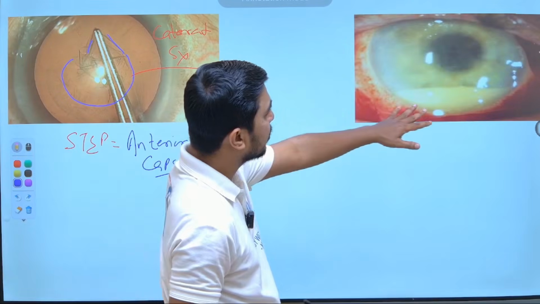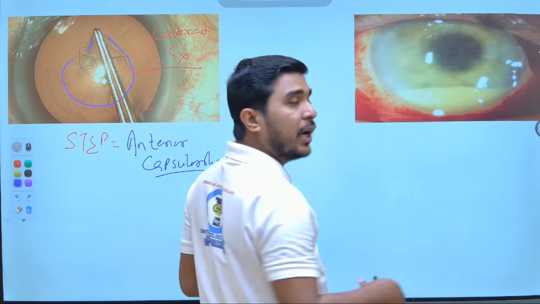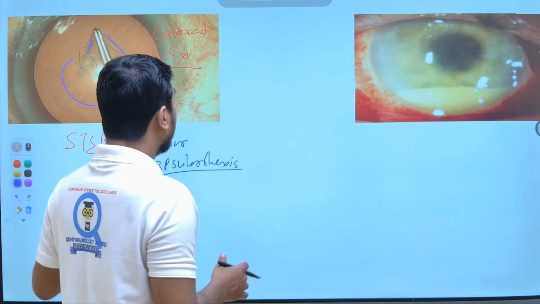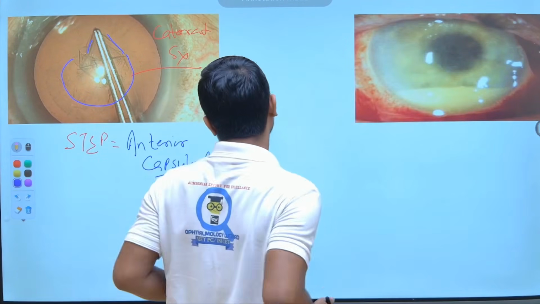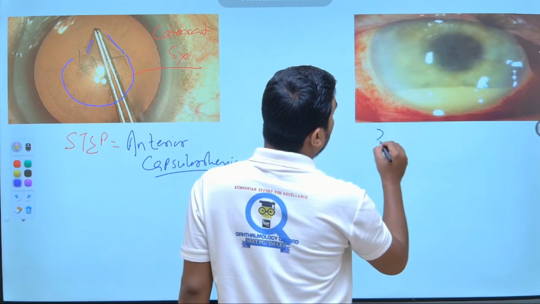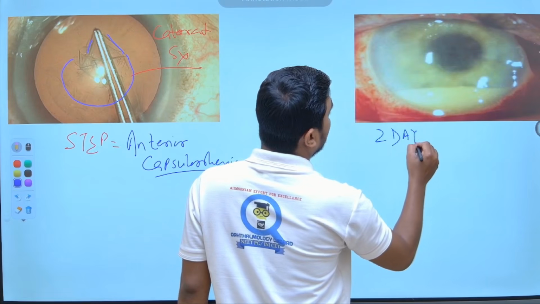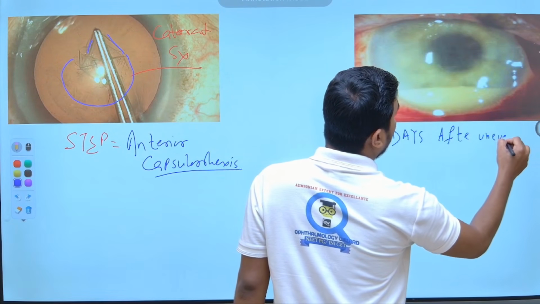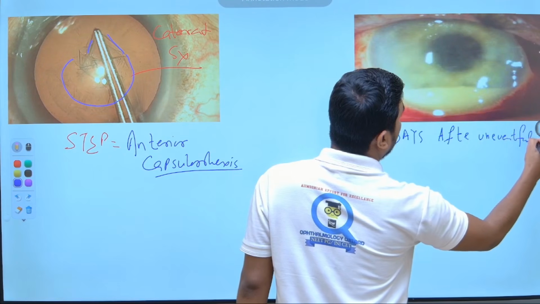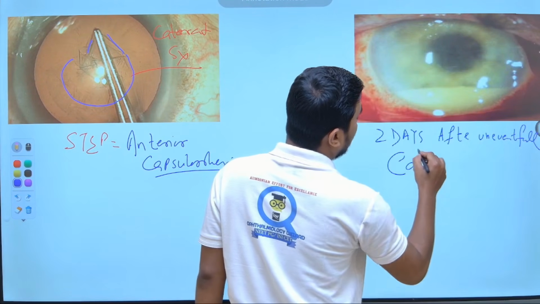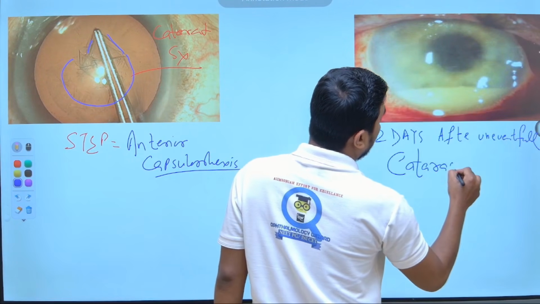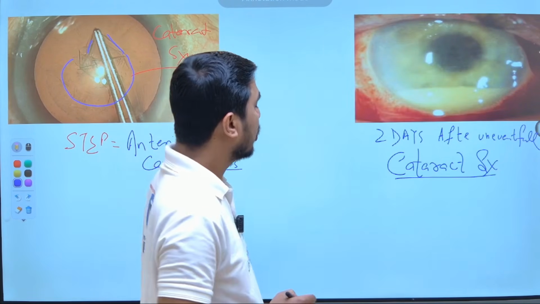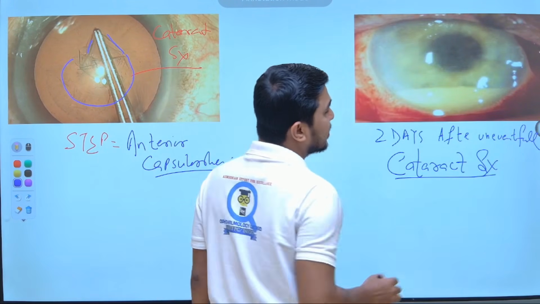Okay. Coming to this point, let me tell you the scene or the history of this condition. This is the image of a patient 2 days after uneventful cataract surgery. So there is an uneventful cataract surgery.